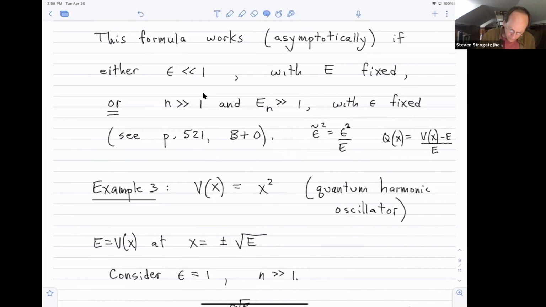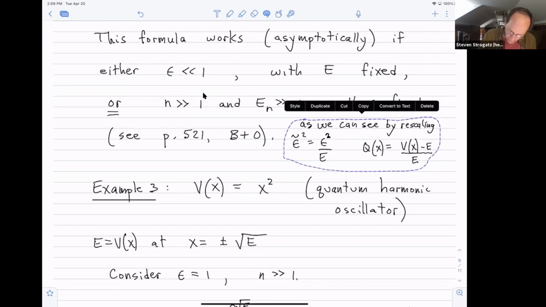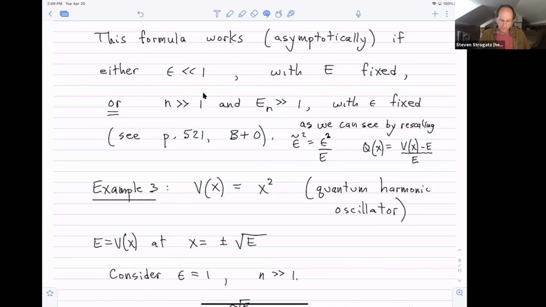Okay. And so as we can see by rescaling, something like that. Okay, nice.